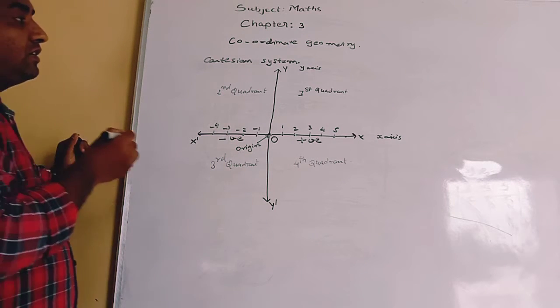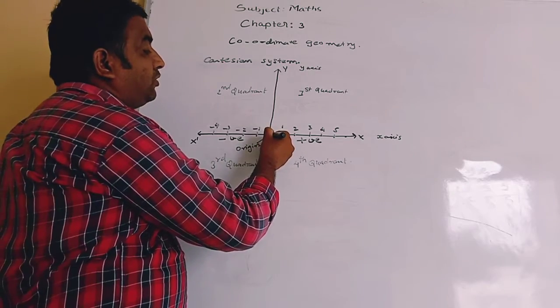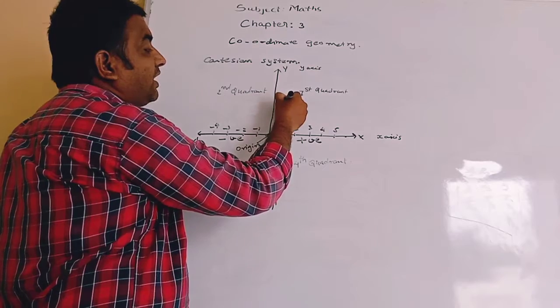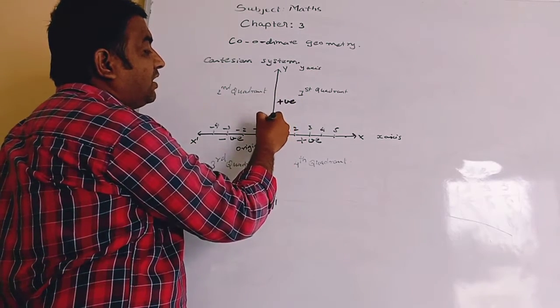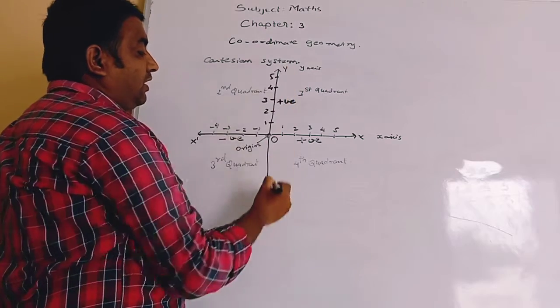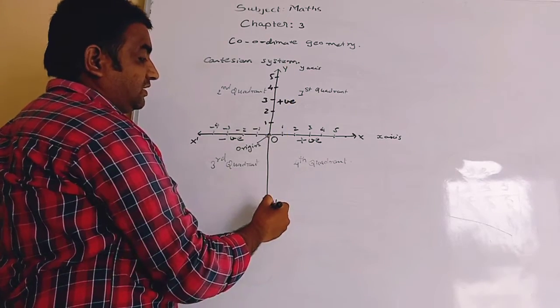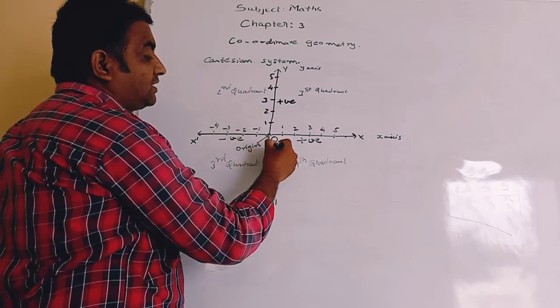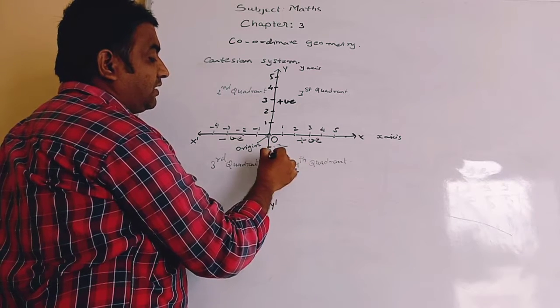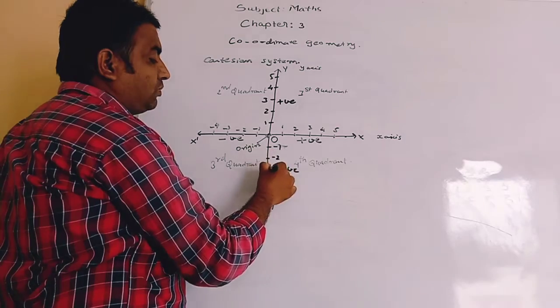Then above the x-axis, OY is taken as the positive direction, and it is marked as 1, 2, 3, 4, 5, and the OY dash is marked as the negative direction, and it is marked with -1, -2, -3, -4.